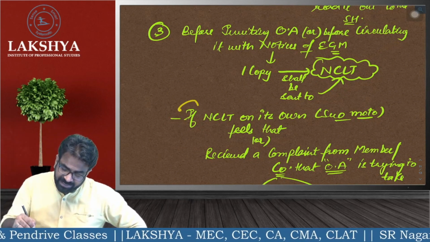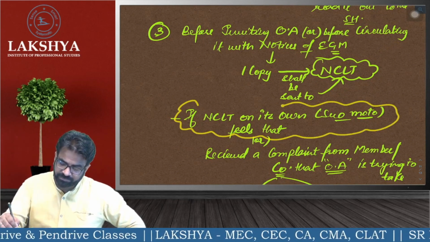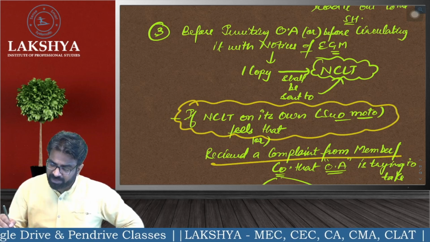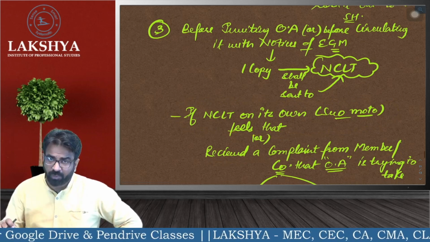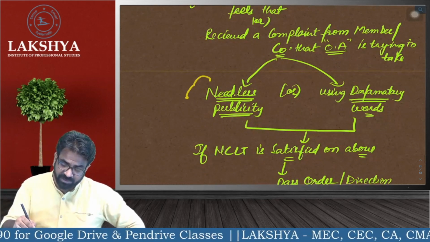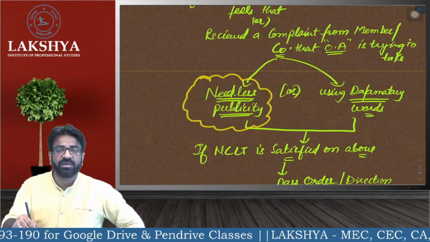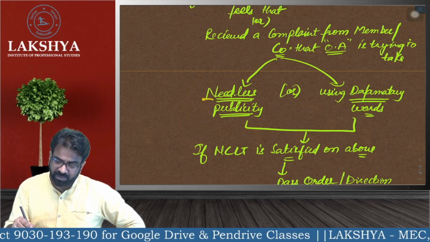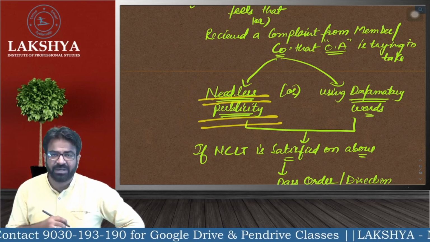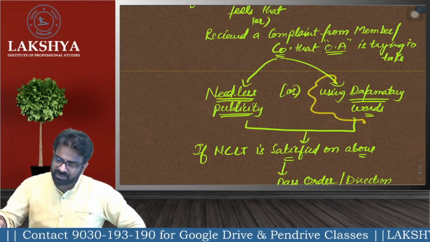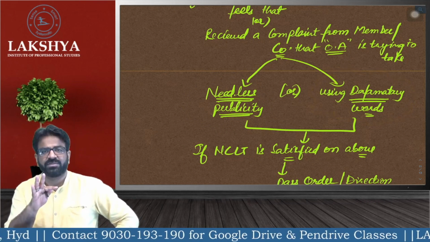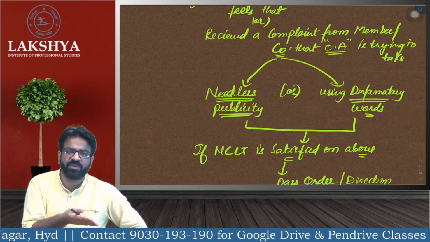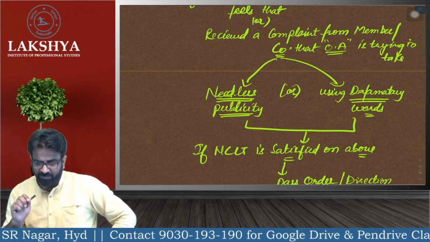Now, if the NCLT feels on its own or receives a complaint from the company or a member, what is the complaint? That this person to whom we gave an opportunity is misutilizing the opportunity by trying to take needless publicity, or he is using defamatory words.